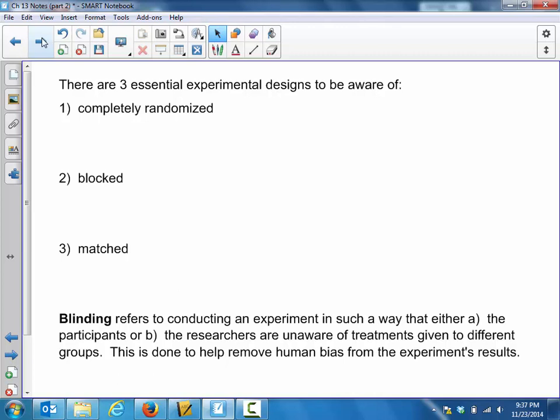Okay, blocking we just talked about, and then matched experimental design would be something like the following. Let's say that we're really fortunate and we have a whole bunch of twins who are willing to participate in this milk drinking experiment. And matching would say, okay, it's a little bit like blocking.